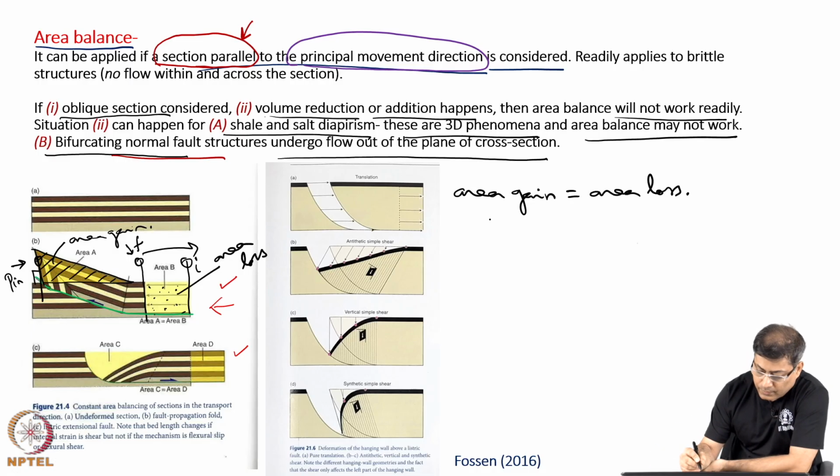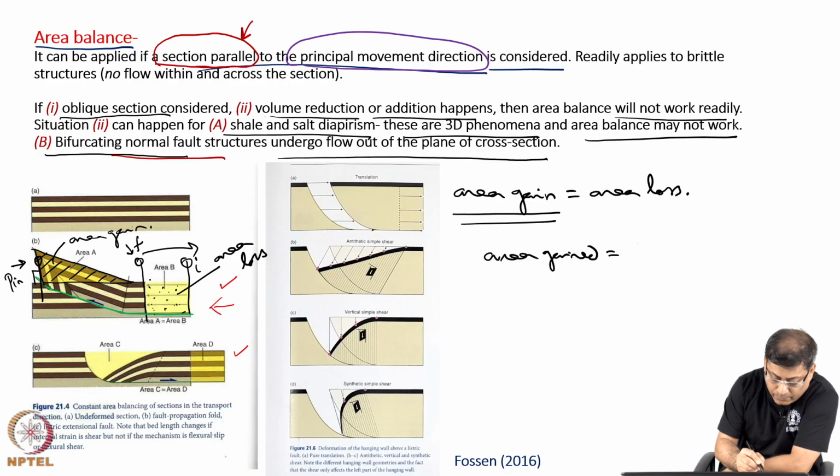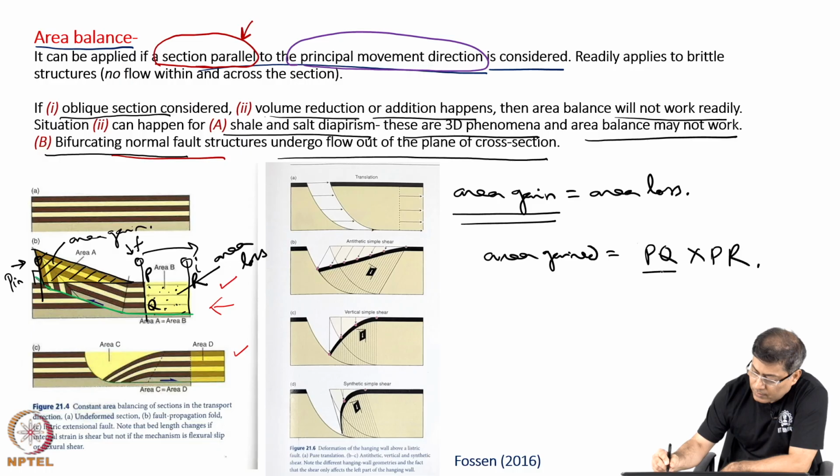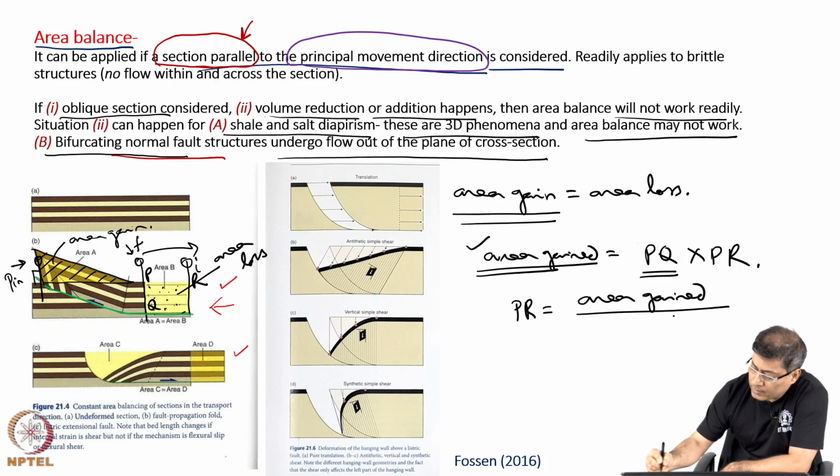So, the area gain measured over here is equal to area loss, and that area loss can be given by the length PQ multiplied by the length PR. The PQ length is known, area gain can be calculated. So, the PR can be obtained as area gain divided by the PQ length.